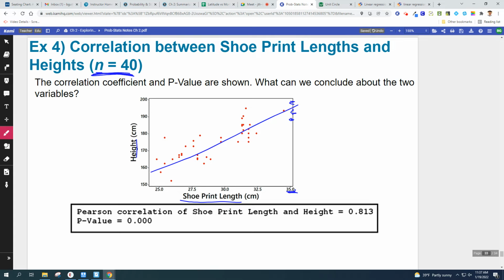Well, here are the numbers for you. Here's the correlation. R equals 0.813. That's pretty close to 1, right? So that's pretty good. And the p-value is 0.00. So we've got a pretty strong, or at least stronger, correlation.